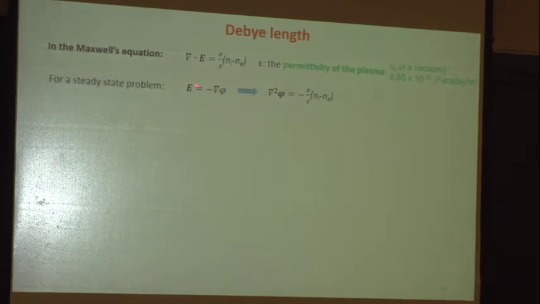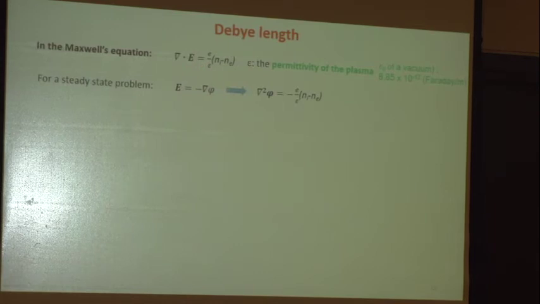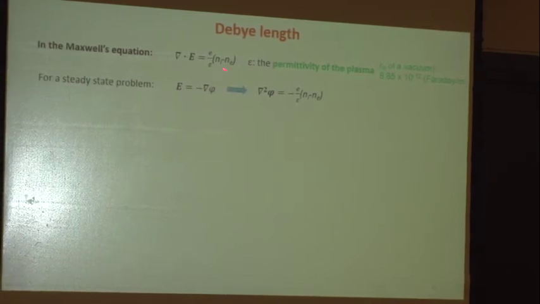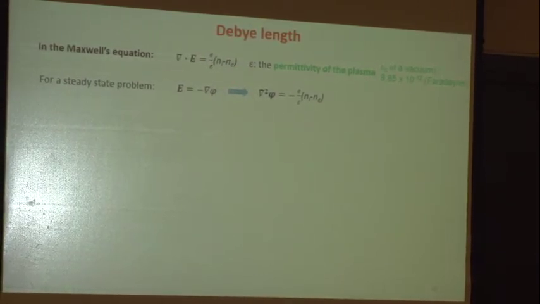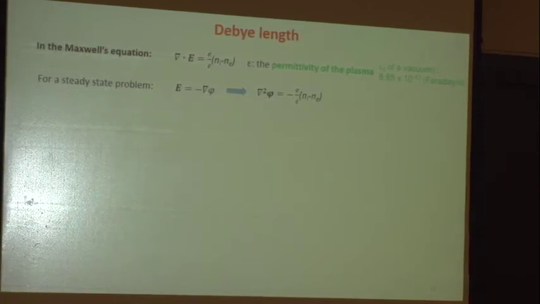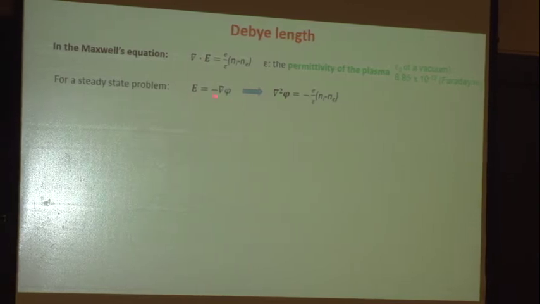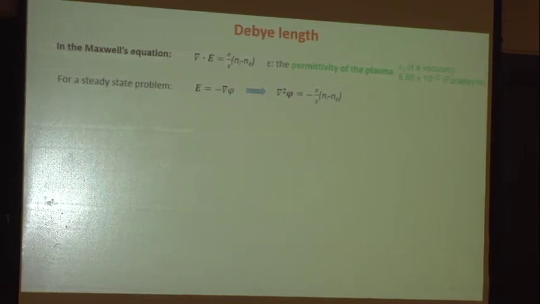If you look at the Maxwell equation, the divergence of the electric field is proportional to the net charge divided by the permittivity of the plasma. For a steady state problem, let's say I have a DC discharge, and the electric field is just equal to the gradient of the potential.